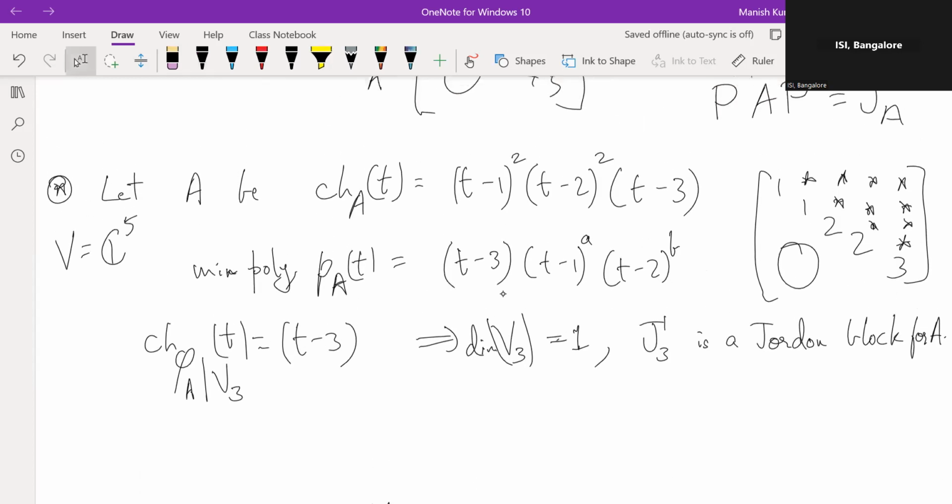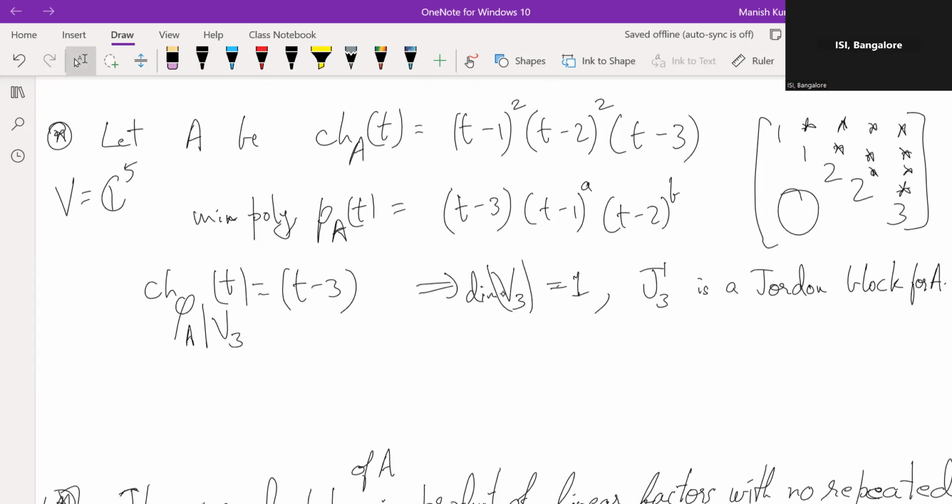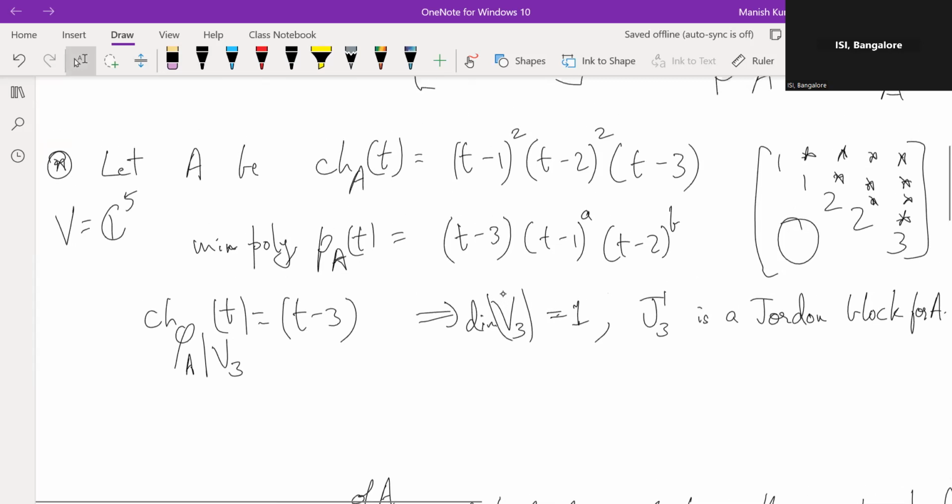Now one has to decide for 1 and 2. It's sort of difficult to decide, meaning it depends upon the matrix, but you can still figure it out. You'll have to do some calculation with the matrix, but not too many.